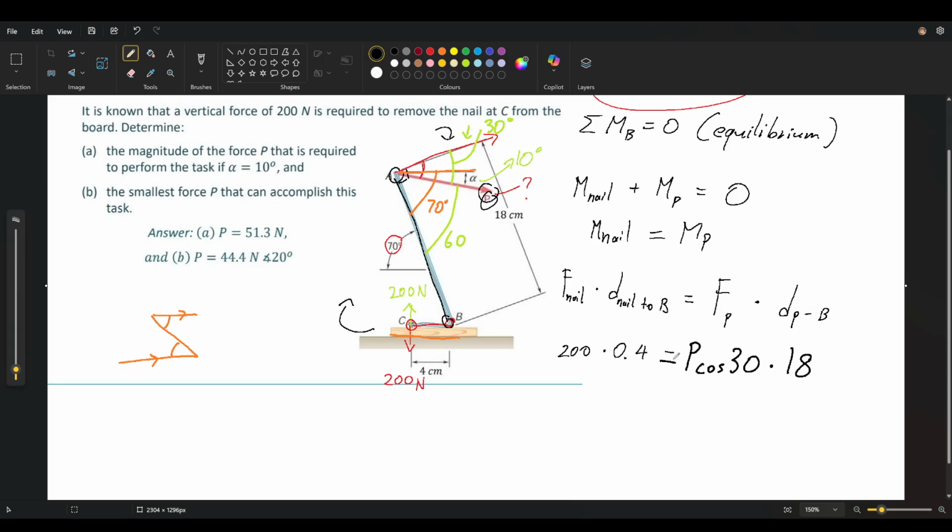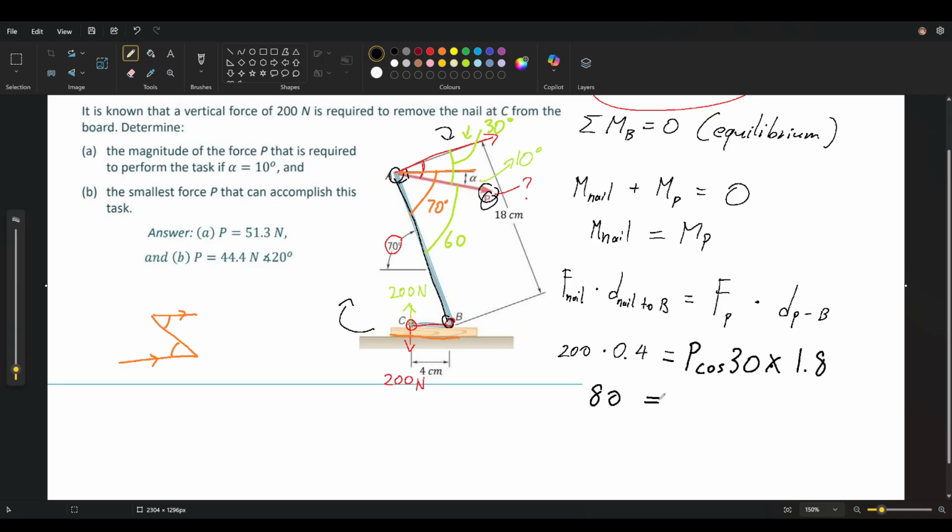Okay, so now let's press the calculator. Oh, sorry, it's not 18, but 1.8. Okay. So 200 times 0.4 gives me 80.